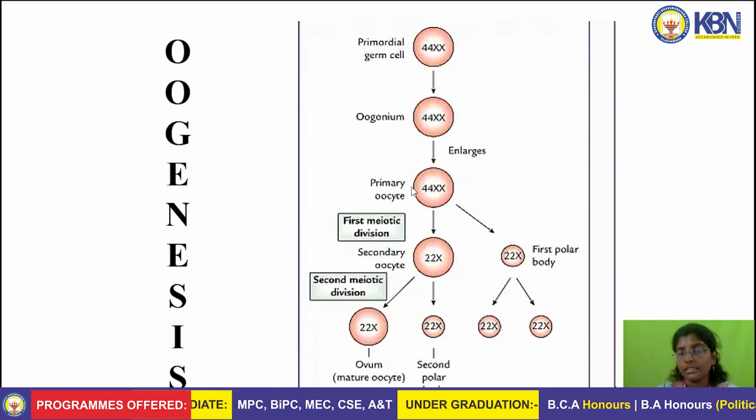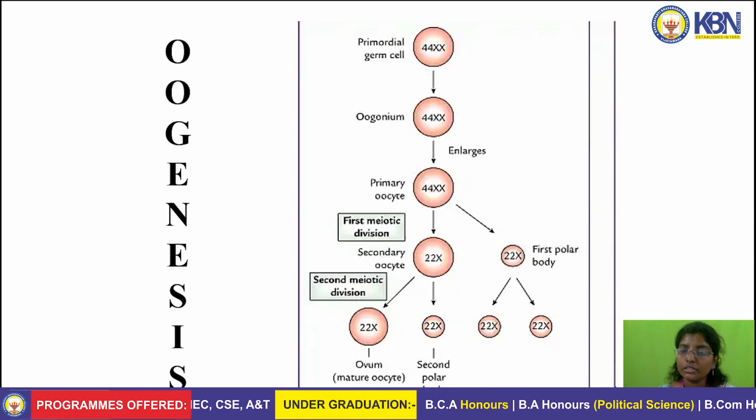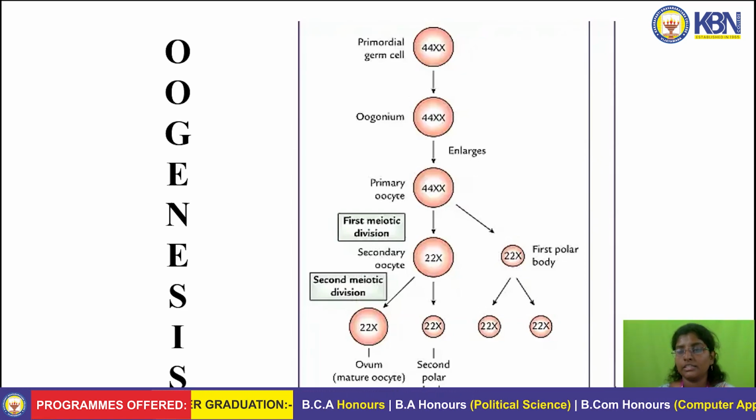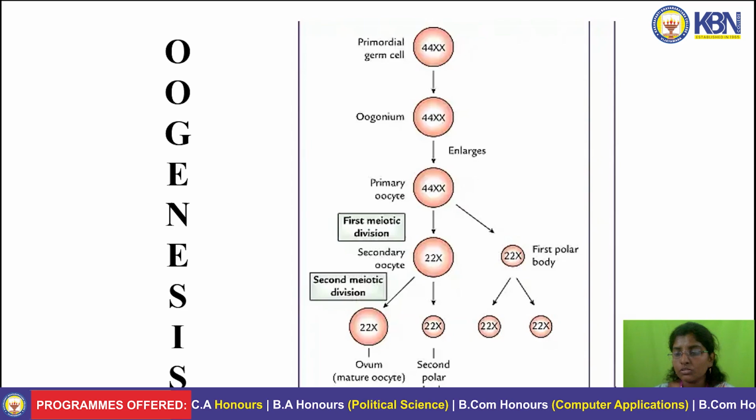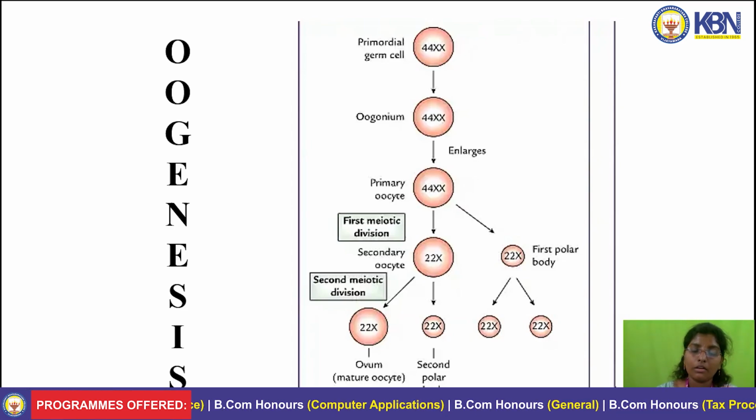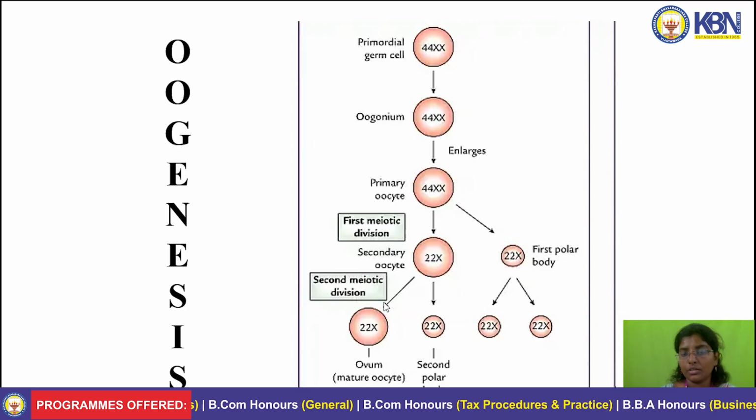After the first meiotic division, the primary oocyte divides into a secondary oocyte and the first polar body. Next, the secondary oocyte, after the second meiotic division, divides into the ovum and a second polar body. The first polar body is here, and this is the second polar body. This develops into a mature ovum.